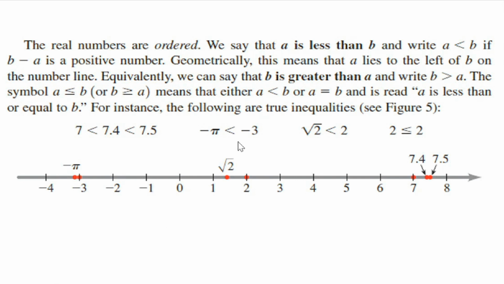In the same procedure, in our example, we have negative pi is less than negative 3. As you can see in the number line, this is the value of negative pi and this is the value for negative 3. Since negative pi is on the left of negative 3, therefore negative pi is less than negative 3.